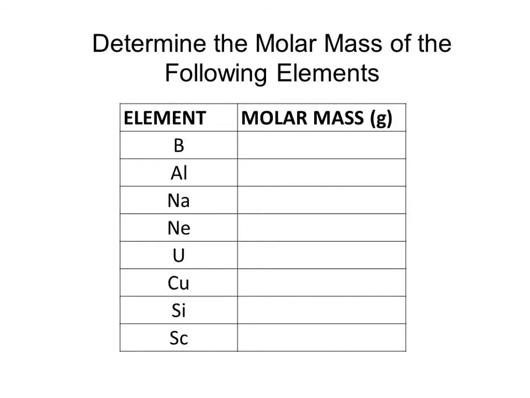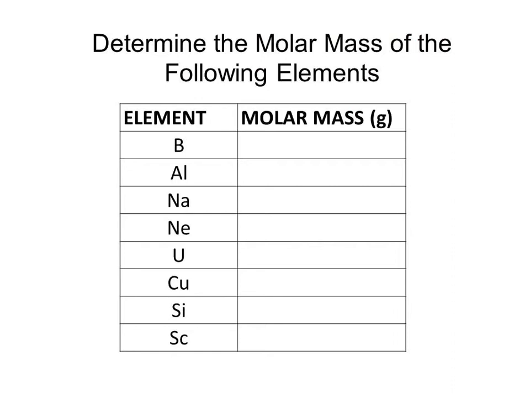Okay, our first activity in this tutorial video is for you to determine the molar mass of these specific elements. So you're going to use your periodic table and look up the atomic mass of these elements, and you're mentally going to convert them into grams per mole. And remember, the grams per mole is what we're going to be defining as our molar mass.